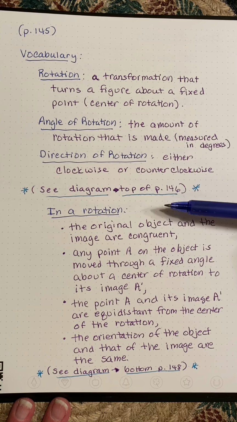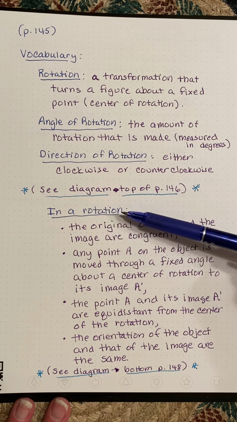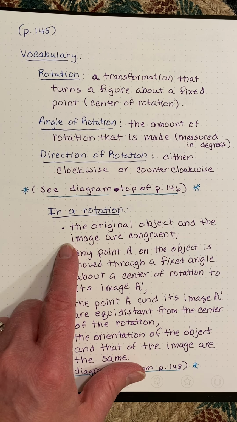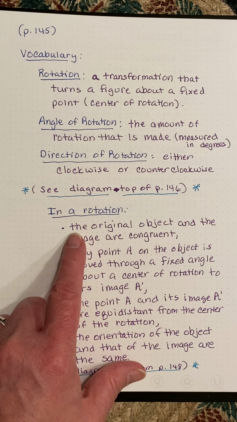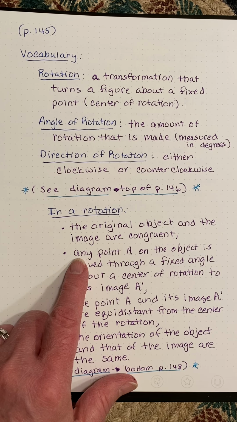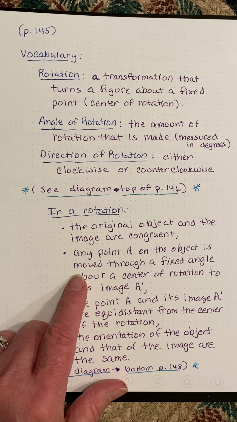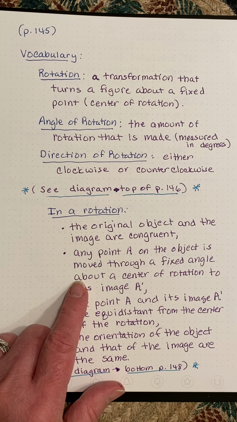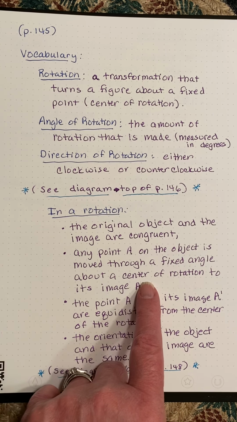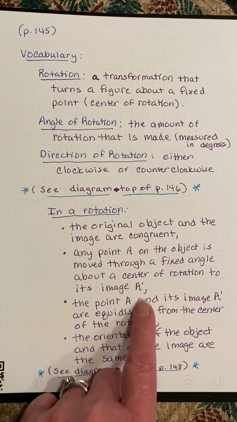Continuing with our vocabulary. In a rotation, the original object and the image, so the first figure after it rotates, you got the image. The original object and the image are congruent. Any point A on the object is moved through a fixed angle about a center of rotation to its image, A prime.